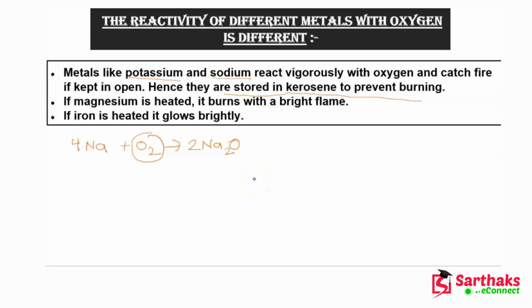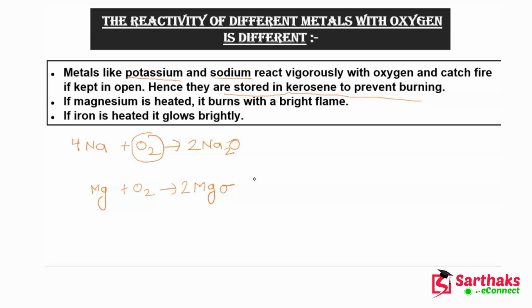Now magnesium burns with a bright flame. If it reacts with oxygen, it will burn with a bright flame. So let me write down the equation for magnesium. If magnesium reacts with oxygen, it will form magnesium oxide. Now this is also not balanced. So to balance this equation, I will have to multiply here with 2.